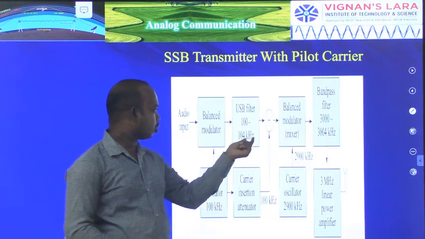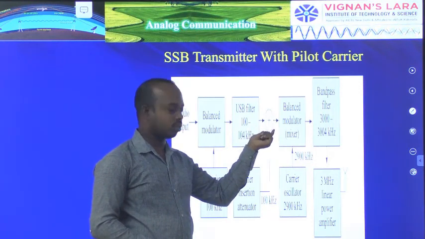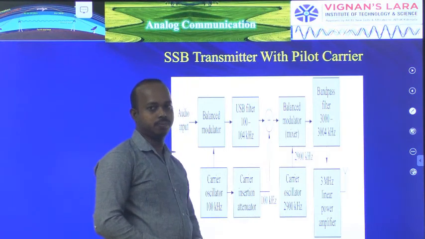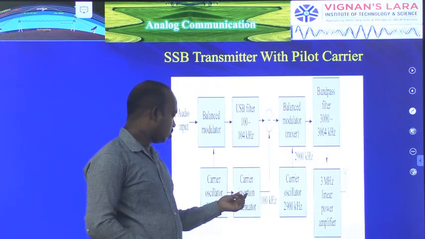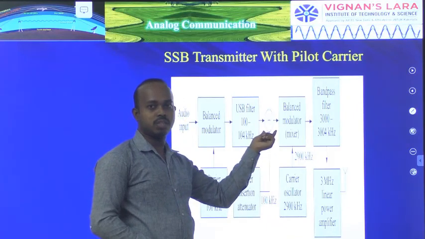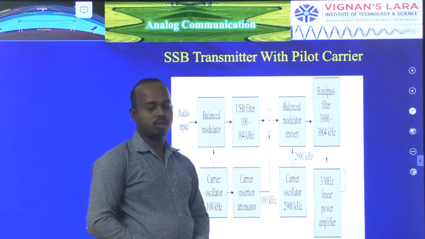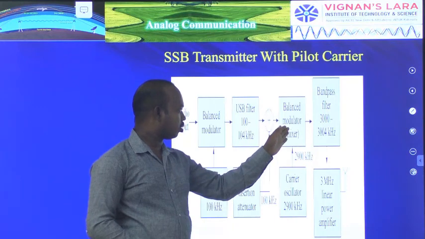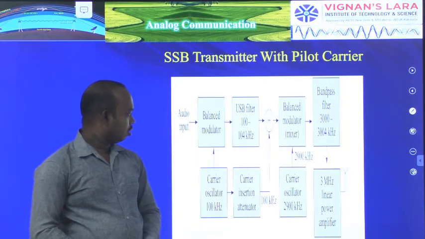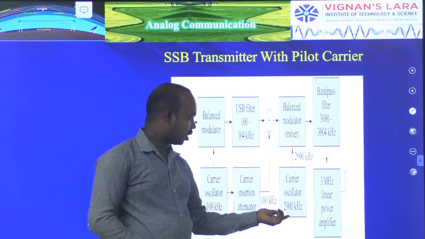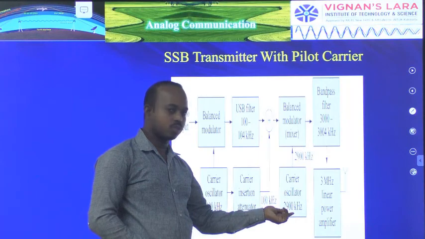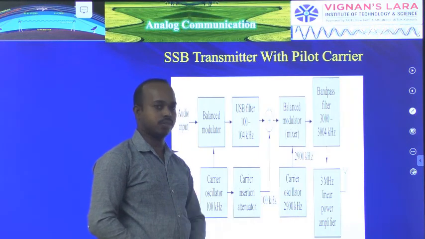This value is assigned to the summing network, and also taken is the carrier insertion attenuator. The carrier insertion attenuator output we add into the summing network. The summing network is assigned to the balance modulator or mixer. It also takes another input from the carrier oscillator with a frequency of 2900 kHz.